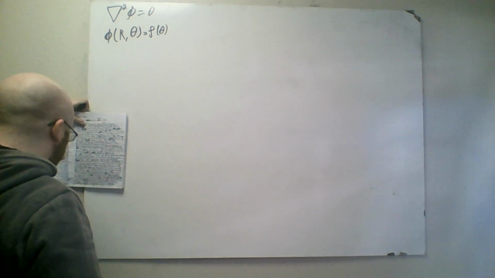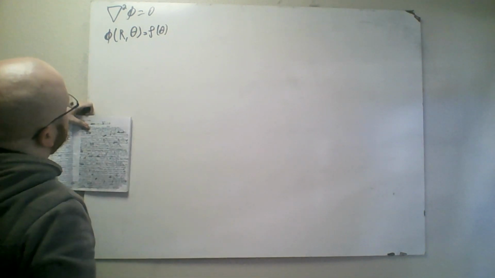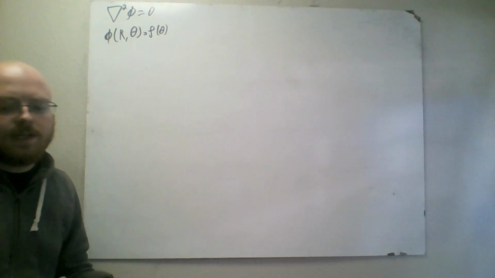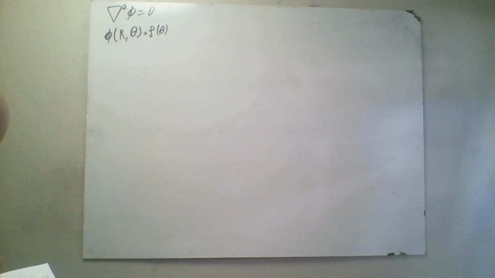And there's nothing else. So this is the only thing determining the potential, and we're going to try to find the potential inside and outside the sphere. Substitute the boundary conditions then.